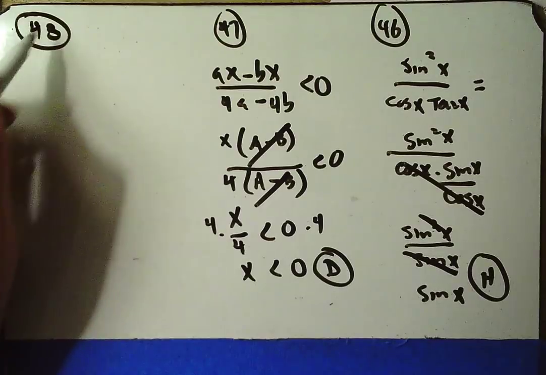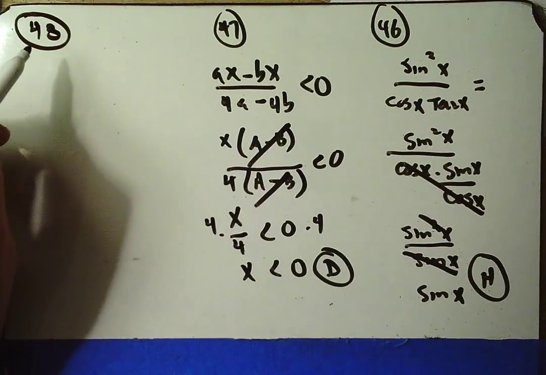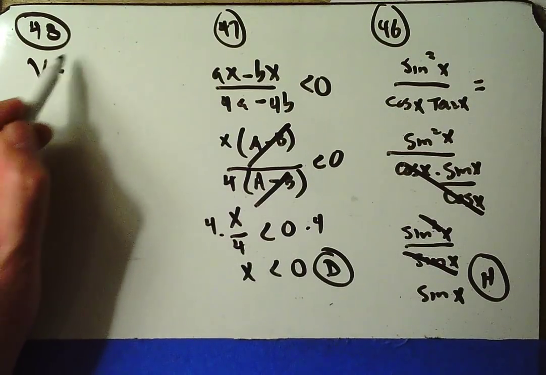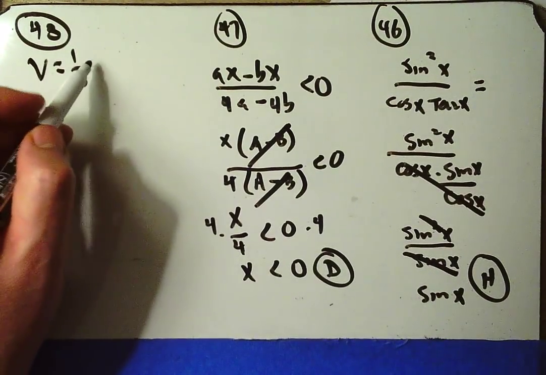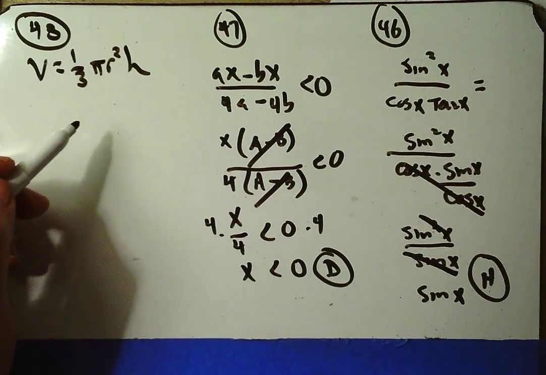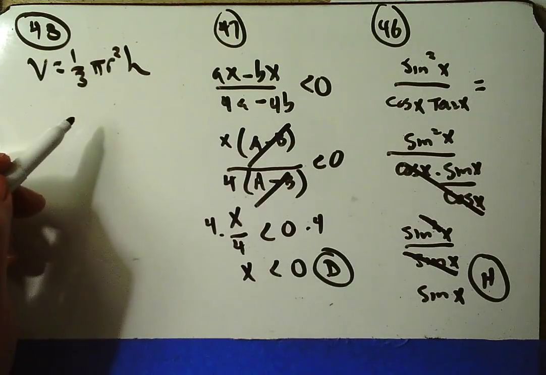Okay, number 48. The volume of a cone is 1/3 pi r squared h, where r is the radius of the base and h is the height.